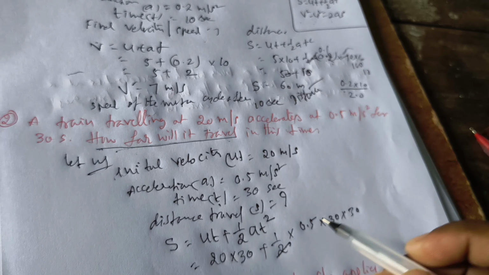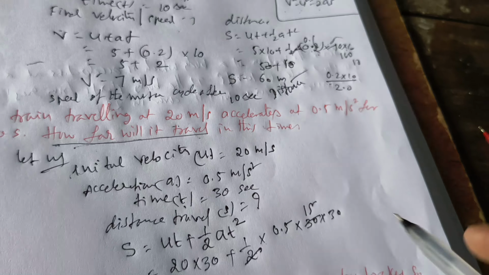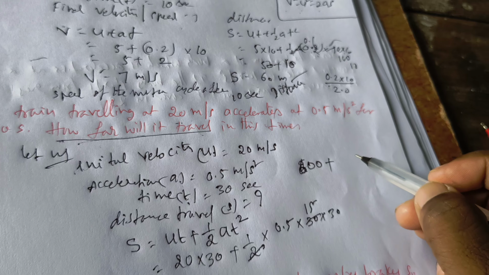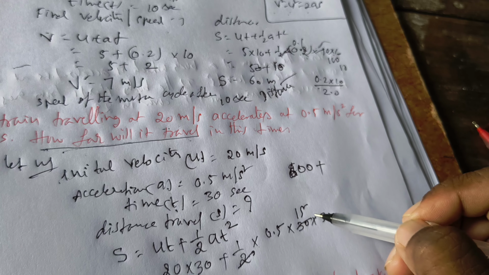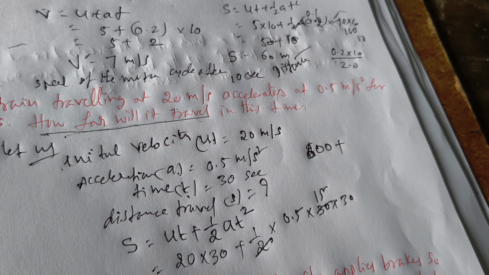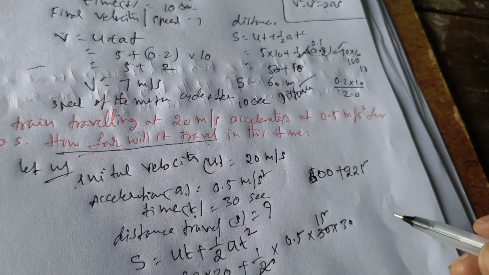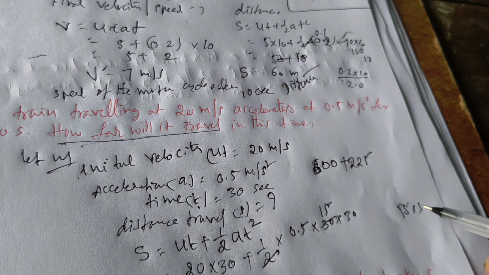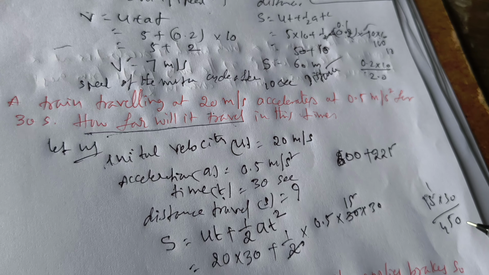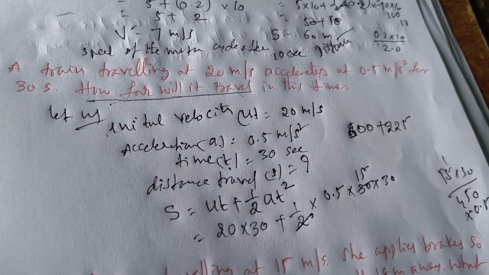Half of 30 is 15, so 15 into 30 is 450. Then 20 into 30 is 600, plus 450 into 0.5, so we get 225.